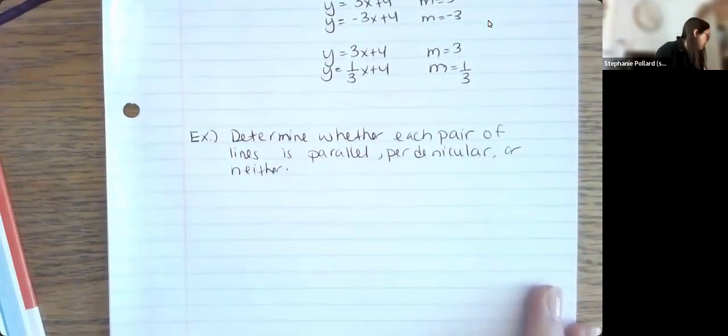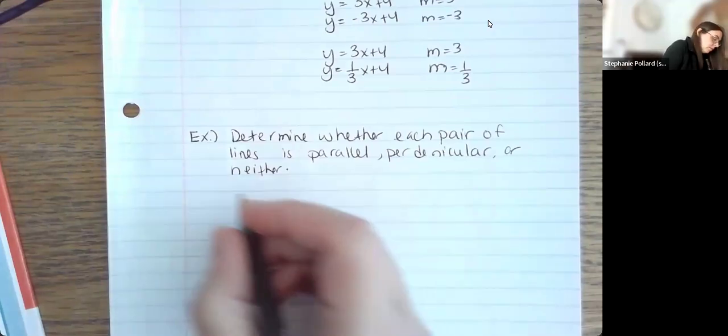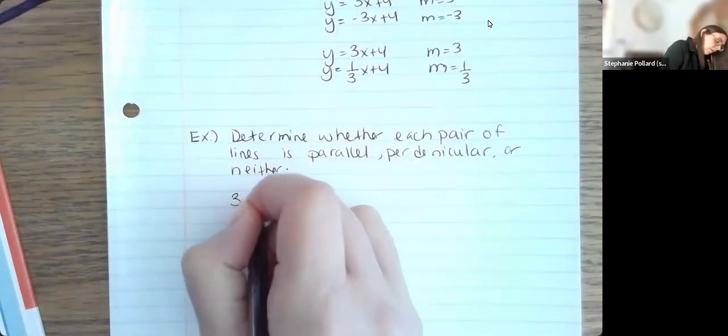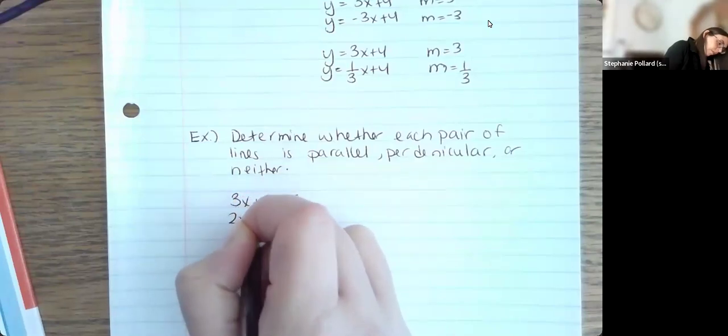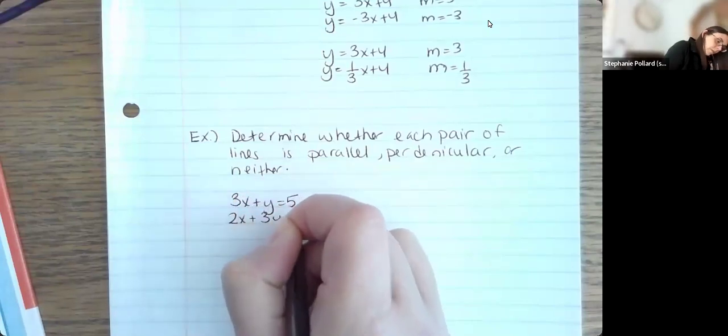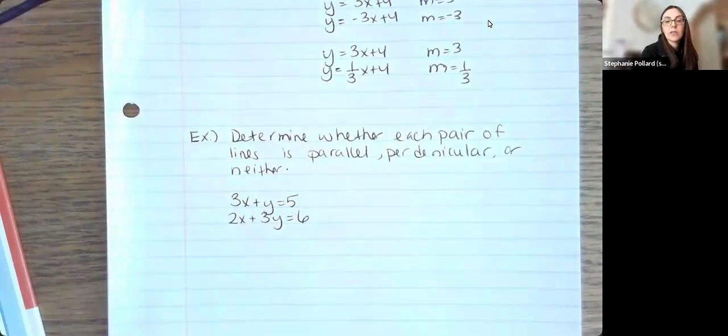All right, and I'm going to look at the following example. So let's do this one. So I have 3x plus y equals 5 and 2x plus 3y equals 6.